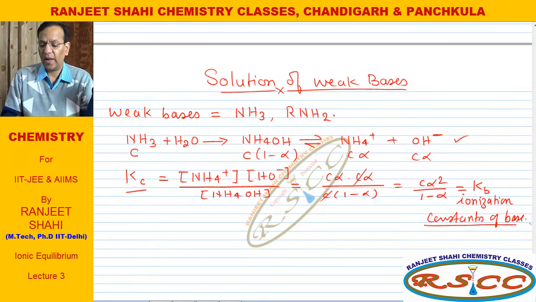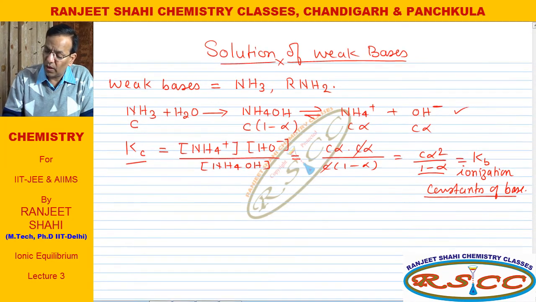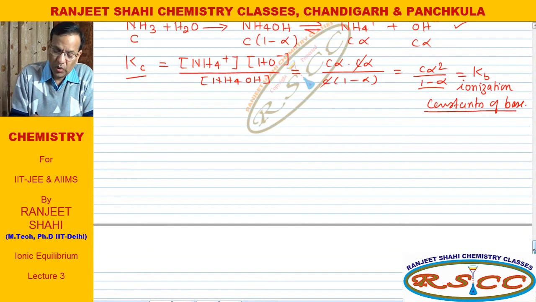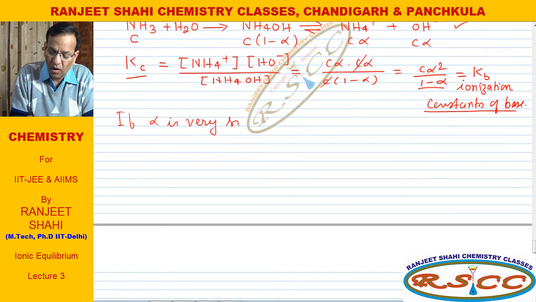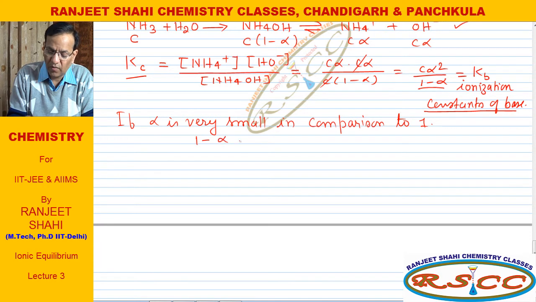Once again, we will apply the same approximation here to solve the solution of weak base. We will assume first alpha to be negligible. So if alpha is very small, in comparison to 1, 1 minus alpha can be approximately written equal to 1.